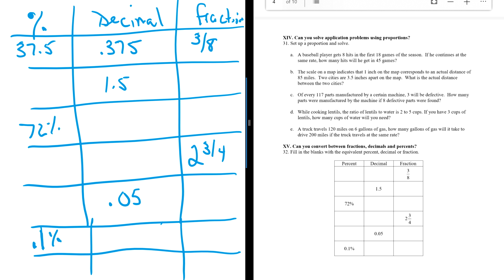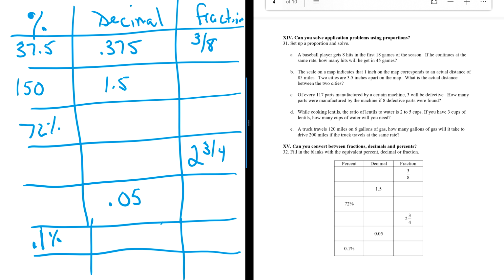Oh, now I got a decimal, so I'll go over here. What's the percentage? Take the 1.5 and multiply it by 100, or move the decimal over 2, and that would give you 150. Either way. And then what's the fraction?